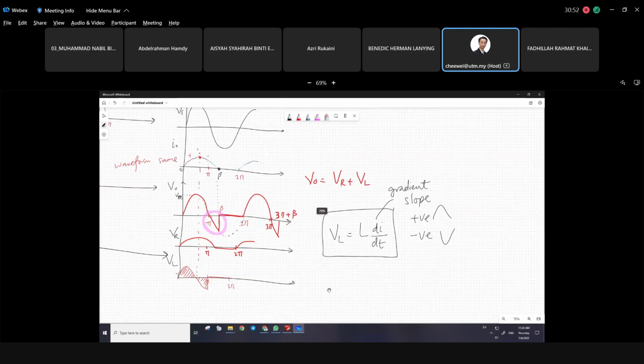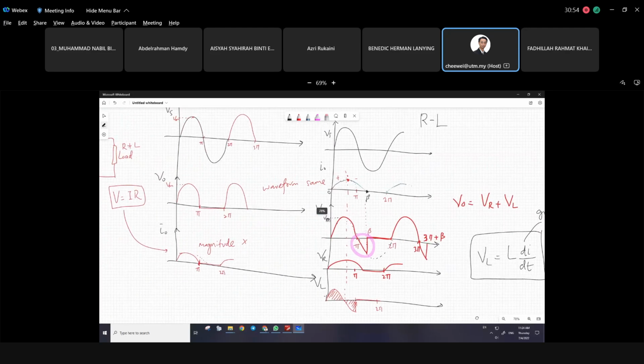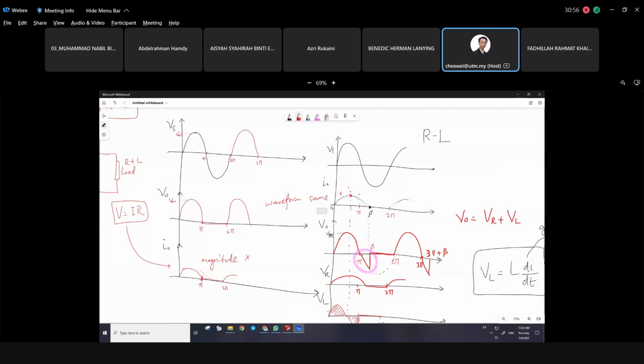Any questions so far? If we compare left to right, this is R load on the left-hand side, and that is RL load. If you see the RL load with the pink color circle here, the additional part is the L, which contributes to the negative part of the waveforms. Here, the negative part is not there on the R side.